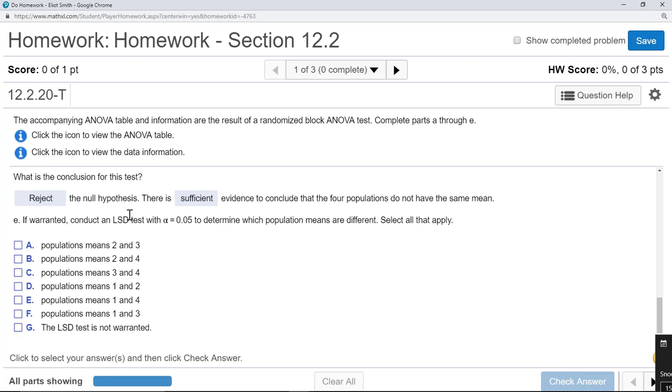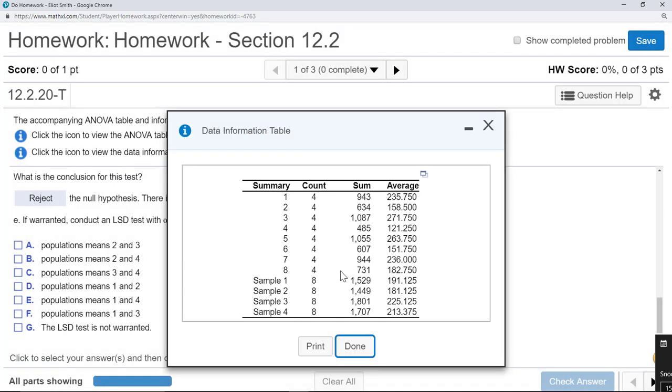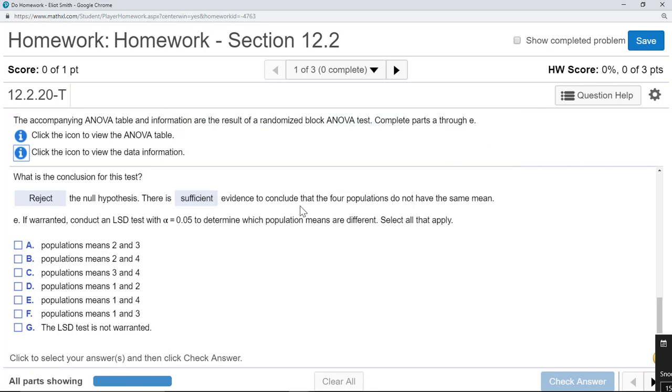If you get a reject, that means the means are different, which means you need to run the Fisher's least square difference test, which is where we need this, among other things.